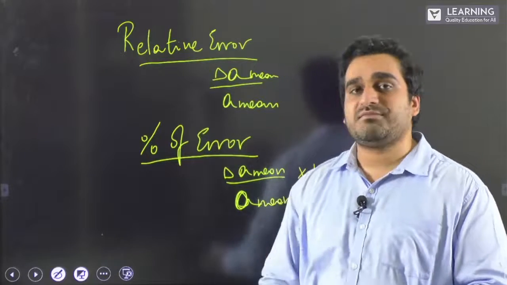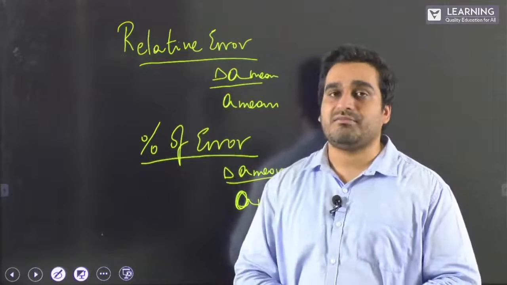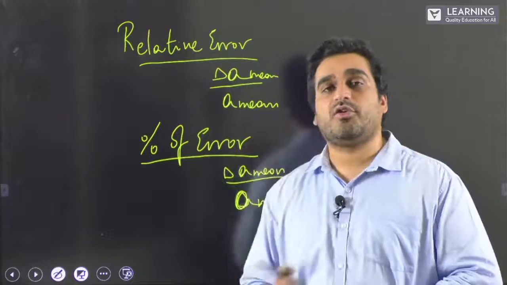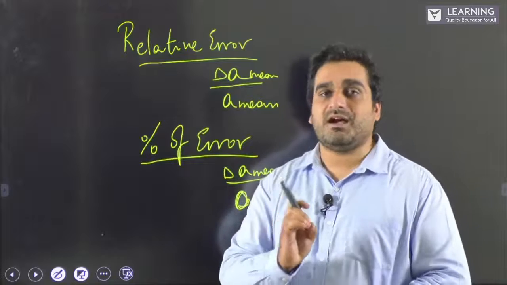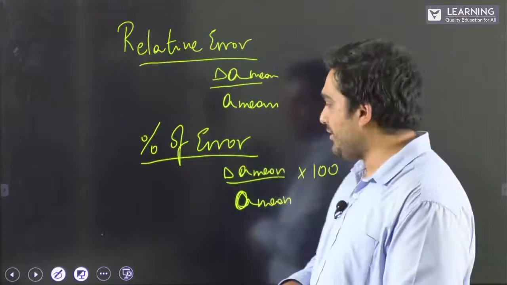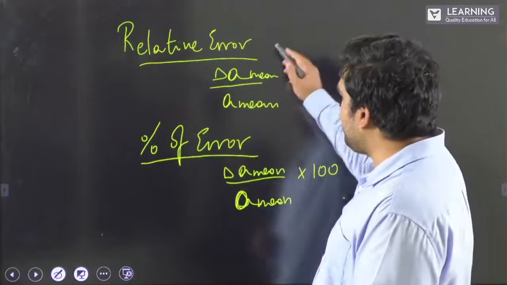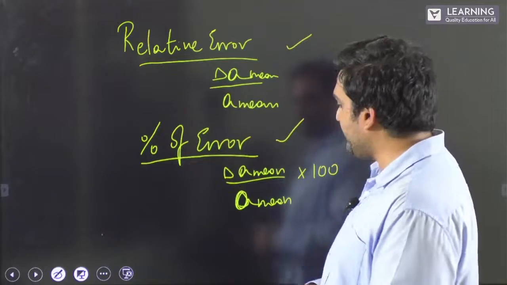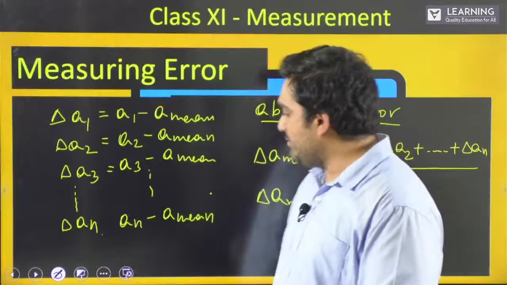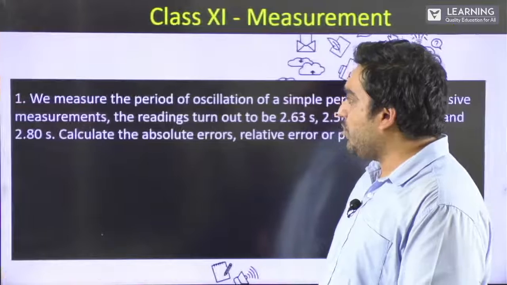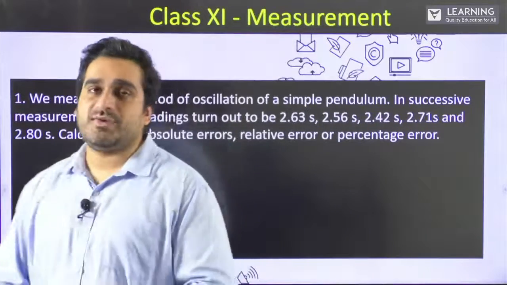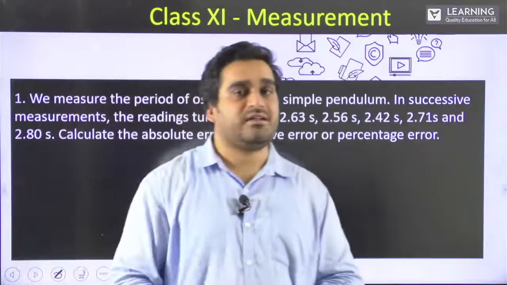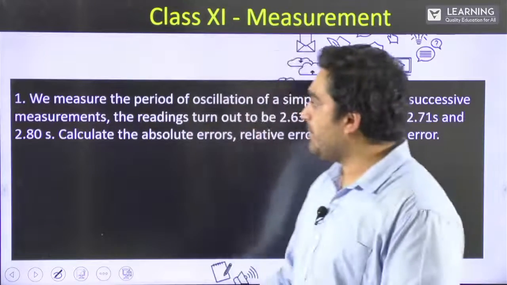It could be a systematic error or a random error, but it tells you overall how much percentage of error exists in making a measurement. So keep these terms noted down. We will use an example to find the absolute, relative, as well as the percentage error in a given instrument.